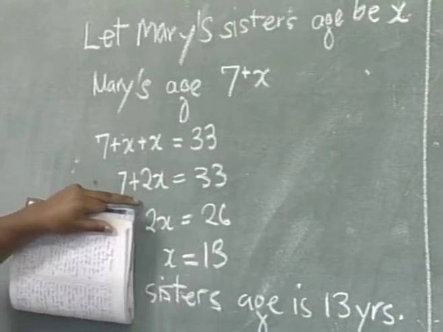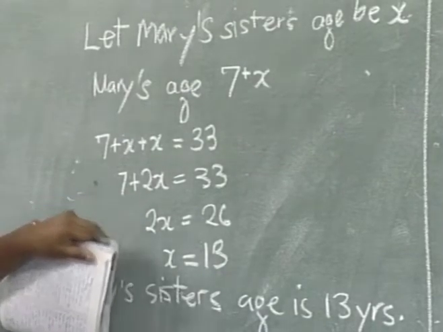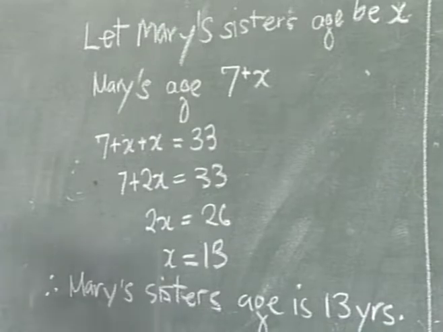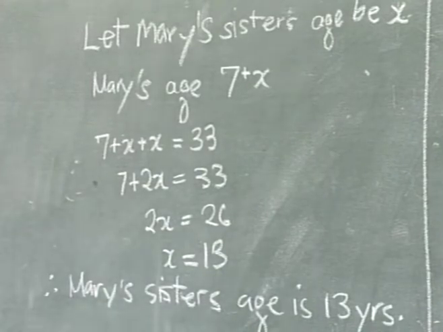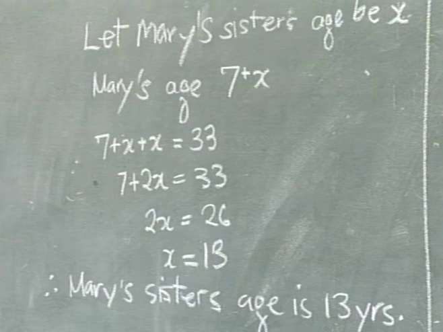Then you had the two like terms, it would be 7 plus 2X equals 33. And then you minus 7 on the other side, you would get 2X equals 26, and X equals 13. Therefore, Mary's sister's age is 13. Good.